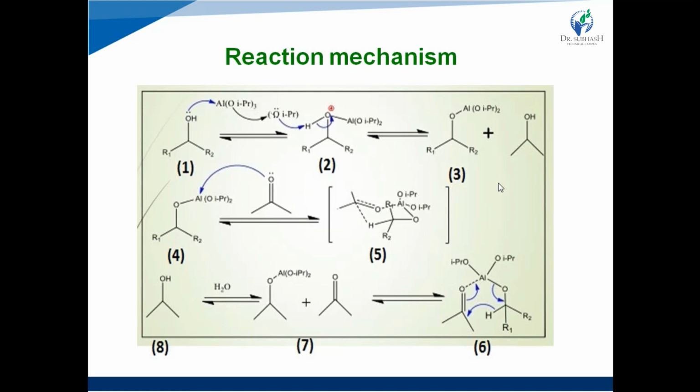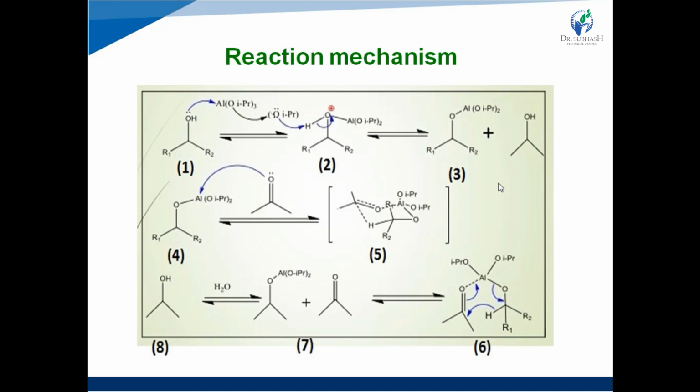In aluminium isopropoxide, aluminium is attached to 3 isopropoxide groups, right? So when aluminium attaches to the oxygen atom, one isopropoxide group is released from it, right, and forms the intermediate. Now in the next step, what happens?